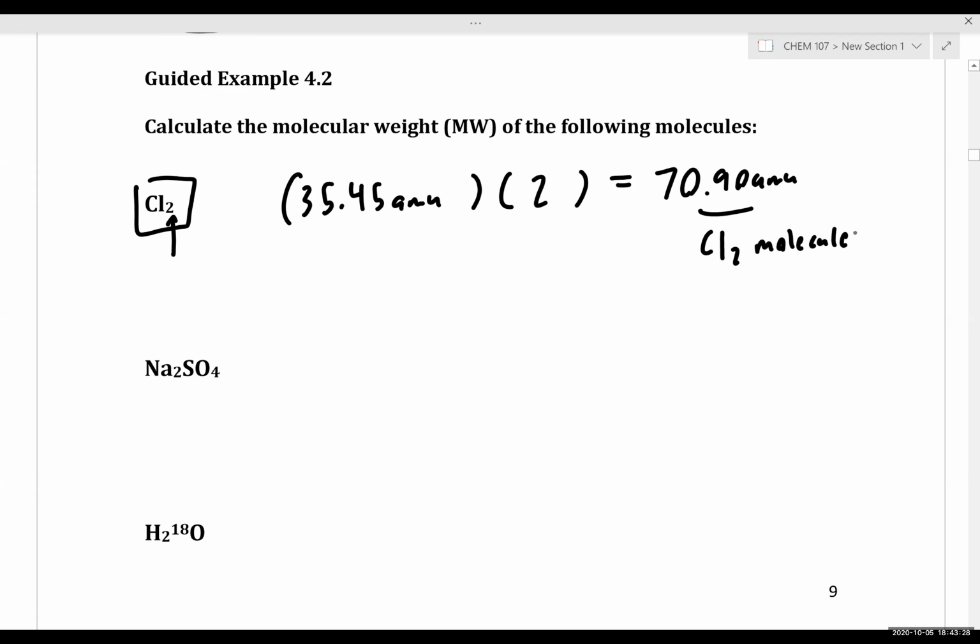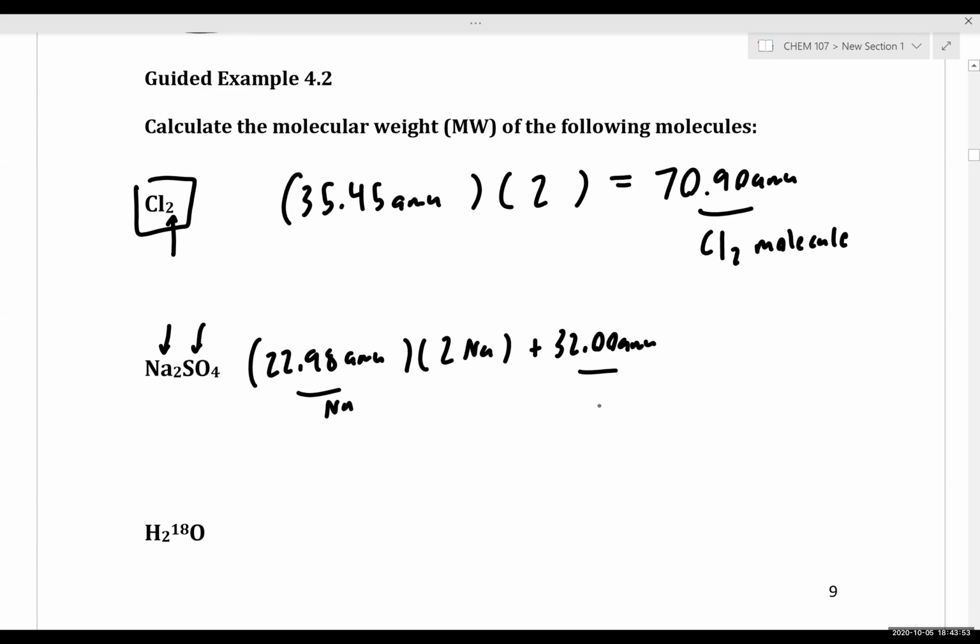We can do the same thing for more complicated polyatomic species. So we know for sodium, I have a mass of about 22.98 AMU per sodium atom, and I have 2 sodium atoms. For sulfur, I have a mass of 32.00 AMU per sulfur atom, and I have 1 sulfur atom.